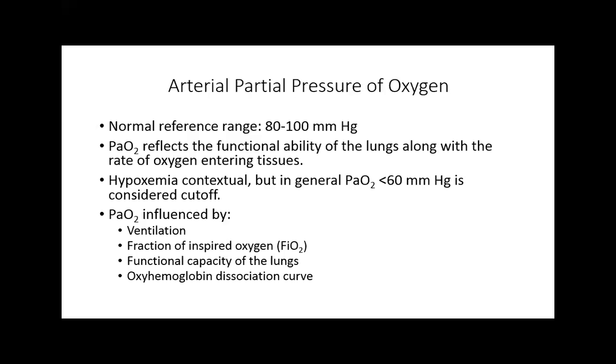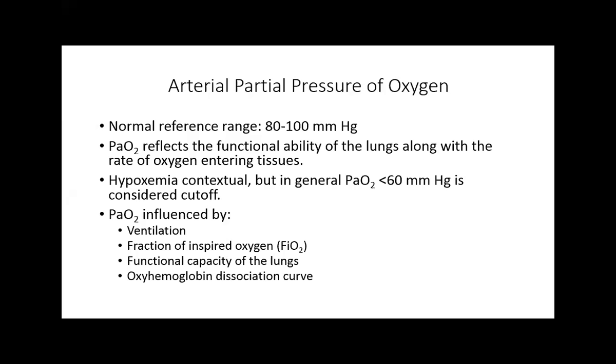Another factor is the functional capacity of the lungs, how well they can expand. Various pulmonary diseases like COPD and interstitial fibrosis can change the capacity of the lungs to expand and take in the normal volume of air.